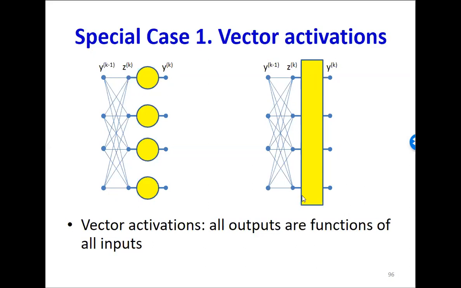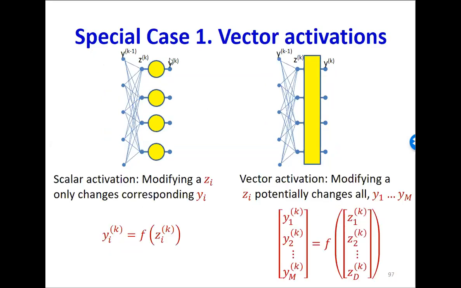But then here's a different one where a collection of Z's go in and a collection of Y's come out. Here, if I change this one Z, not only is the single Y going to change, every one of these Y's is going to change. So the first is what I will call a scalar activation. Modifying a Z only changes the corresponding Y. In a vector activation, I have a vector of Z's going in.